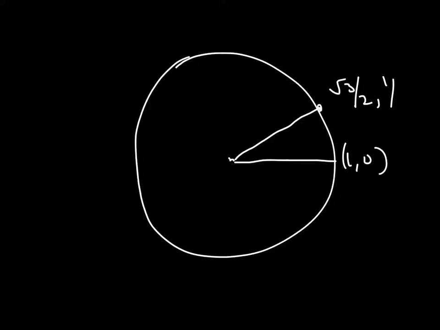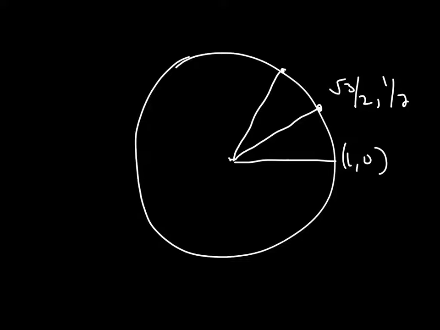Now, if I take a look at my circle, I have (1, 0). At 30, I have square root of 3 over 2, 1/2.